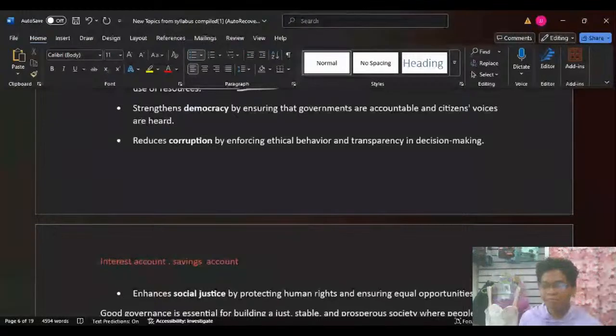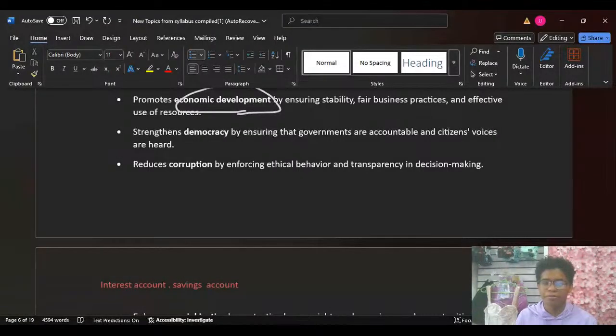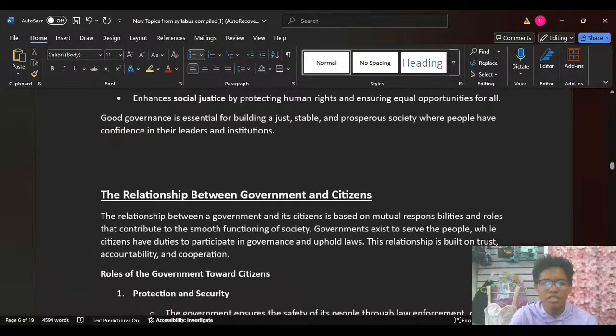If they're doing bad things, I could go on the internet and say so, and I won't be shot in the head. So that's how it reduces corruption by enforcing ethical behavior. If I see my government is being transparent and the decision-making processes are for my benefit, I will not speak against them. It also enhances social justice by protecting human rights and ensuring equal opportunities for all.